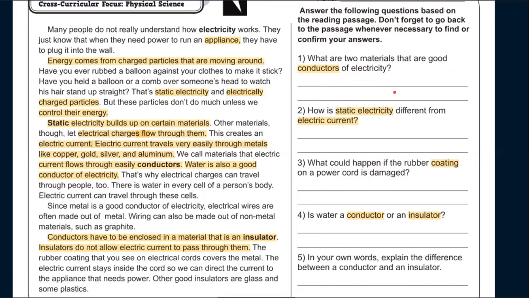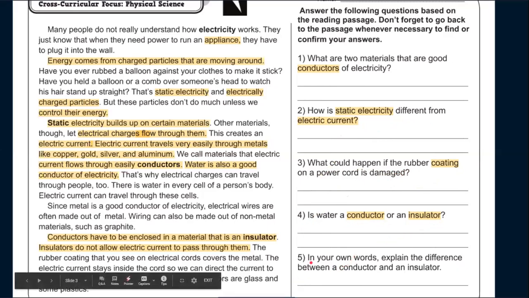You're going to be finding this information in the passage. I'm just reading the questions first so you have an idea of what we're going to be looking for. Two: How is static electricity different from electric current? Three: What could happen if the rubber coating on a power cord is damaged? Four: Is water a conductor or an insulator? Five: In your own words, explain the difference between a conductor and an insulator.